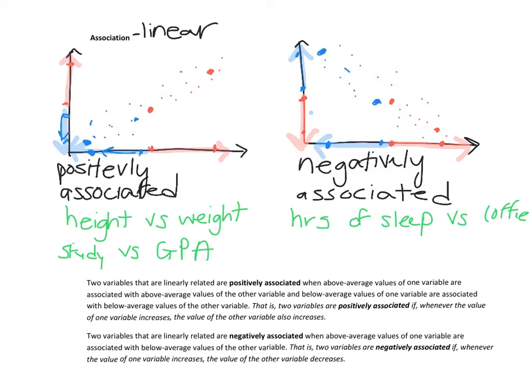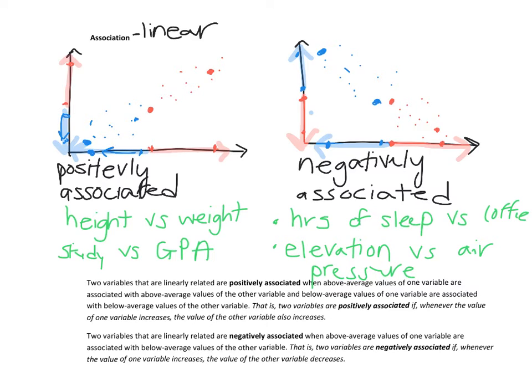And there you go. These ones are always a little bit harder to think of, but let's say the elevation. So if you go up the mountain, you're getting higher, so the elevation is increasing, but the air pressure is decreasing. That's why your ears pop. All right, so that's a negative association.